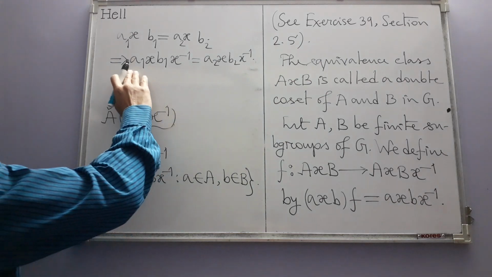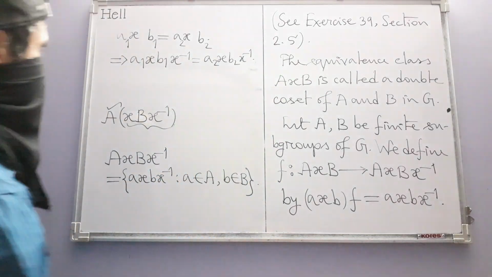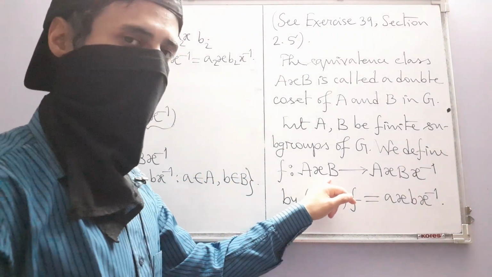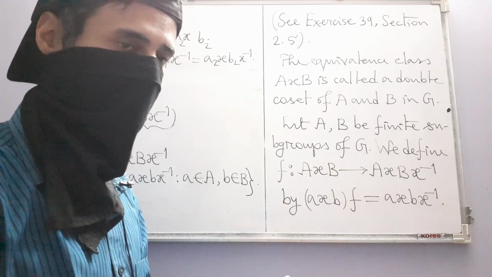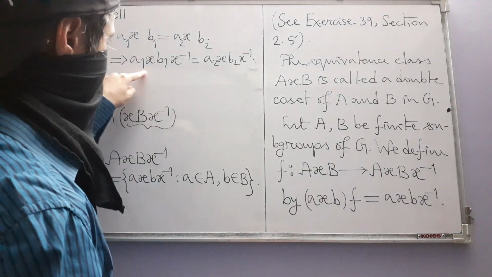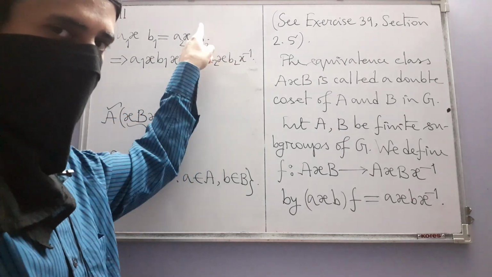But if you run this argument in the other direction, say you are given two elements a1xb1 and a2xb2 in your domain, for which the outputs are equal. Say you start your argument from this equality. Can you go back?